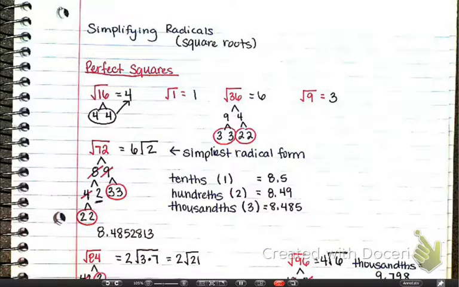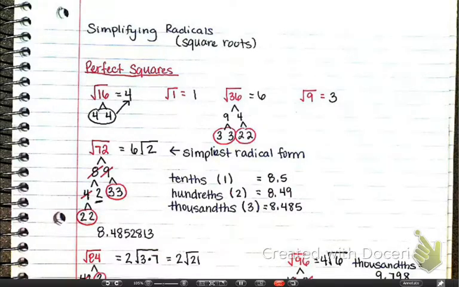Plug it into your calculator. I see calculators on desks. 196? Square root of 196? 14? Okay. What about the square root of 225? 15. Square root of 400? 20. Okay, so some of them are perfect squares.